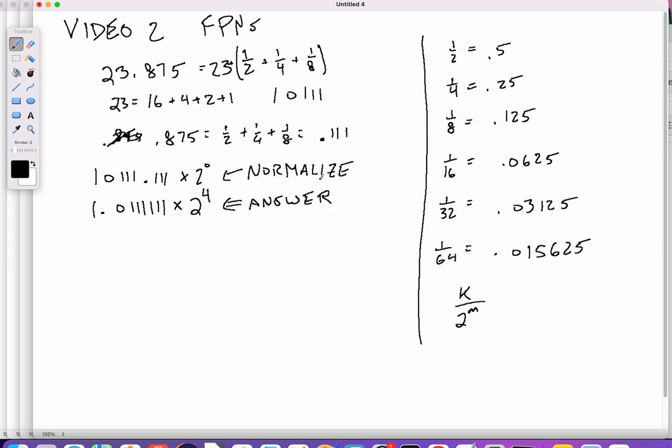Okay. The second one we were asked to look at was 0.125. Again, notice that's a nice number. That's just equal to 1/8. So that is 0.1, 1/2, 1/4, 1/8 times 2 to the 0. But again, now I need to normalize.